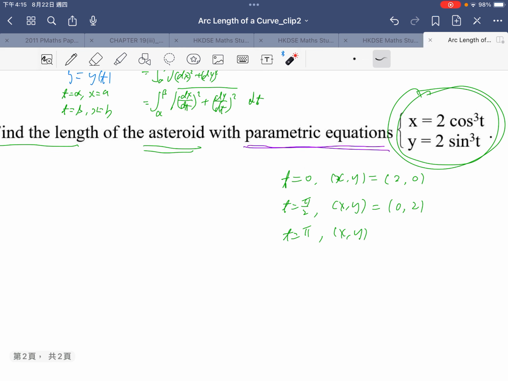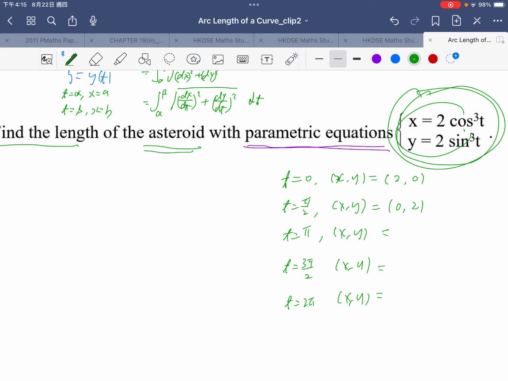That is the reason why I use these values to test the graph of this parametric form. I speed this up. When t equals pi, this is minus 2, 0, and then 0, minus 2, and finally when t equals 2 pi, it goes back to the original point. These two points are the same.